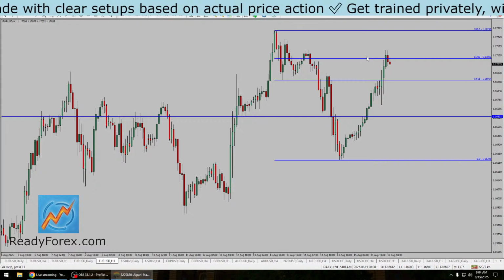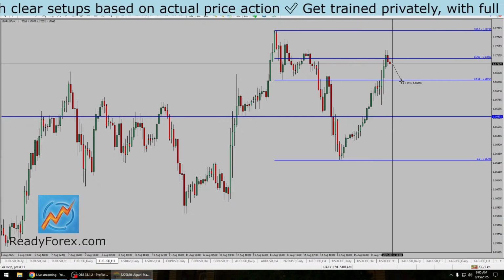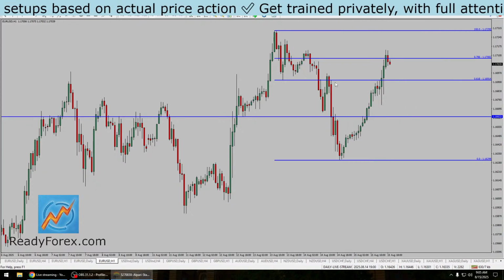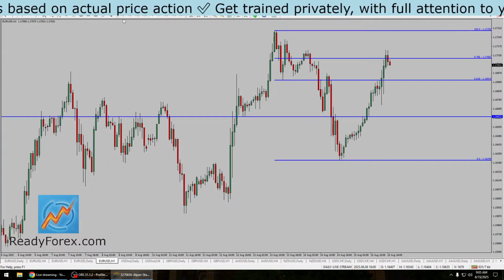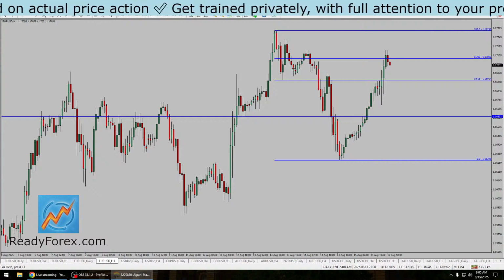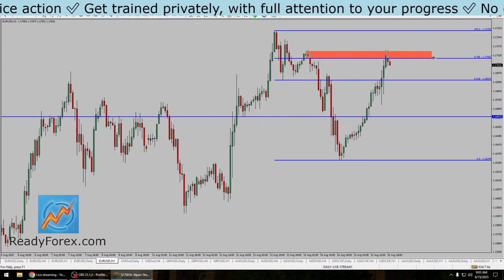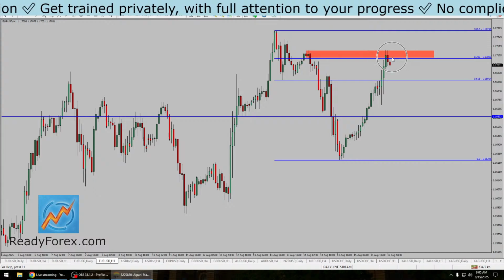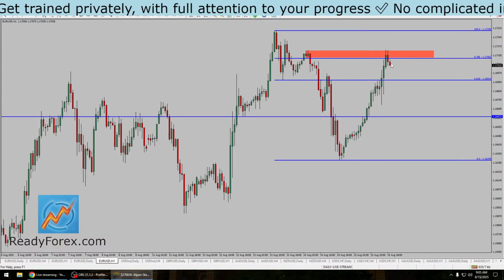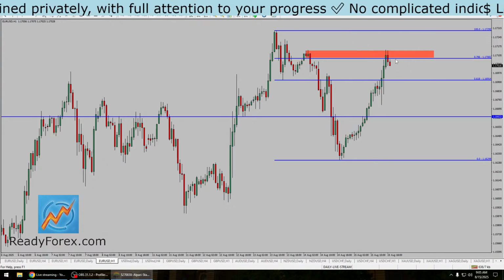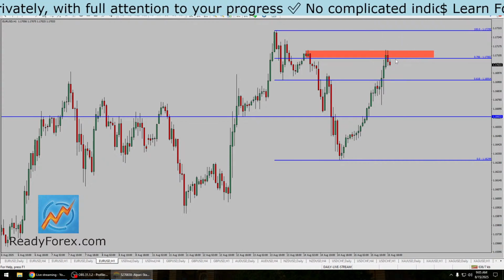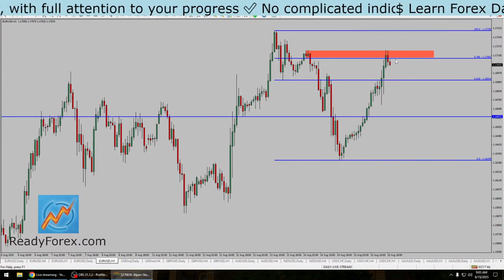So this is probably going to show some push down over here. This is the resistance area. Right over here we have this old swing high, and then at the same time we got this Fibonacci retracement level 0.786.